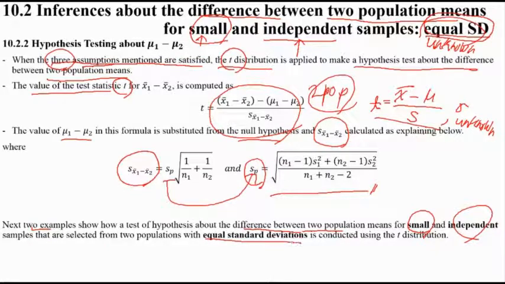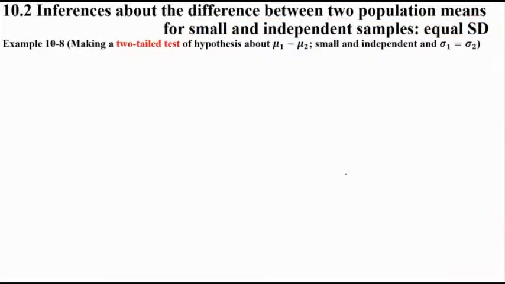At that time we use the T distribution. Because the sample is small; if it were large, we would use the Z normal distribution, but this is small. So we should use the T distribution. Alright, let me show you the two examples.